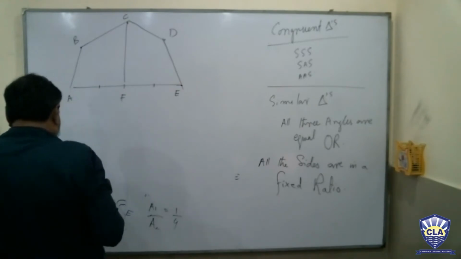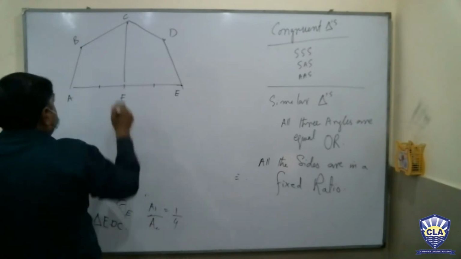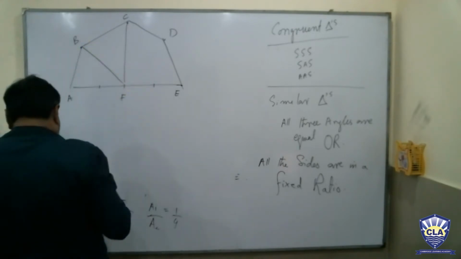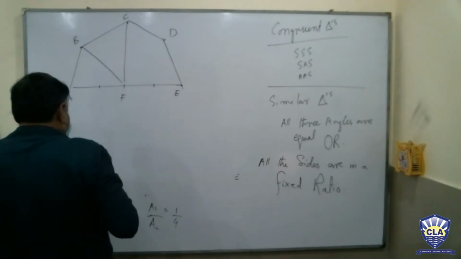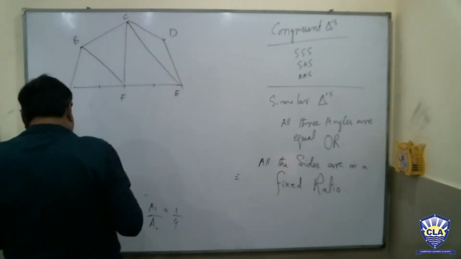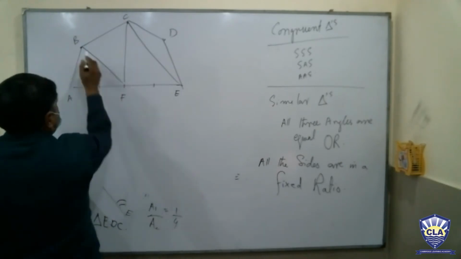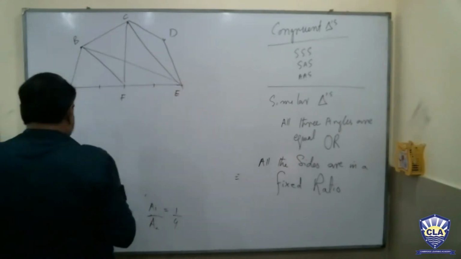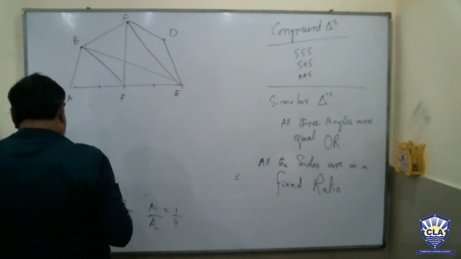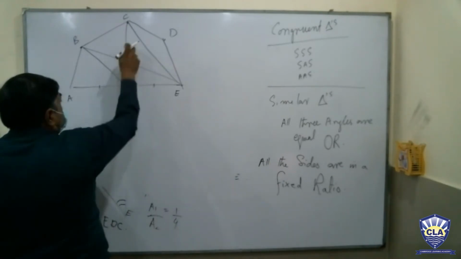F, DF, CE, and BE. This side and this side, these three sides are equal.